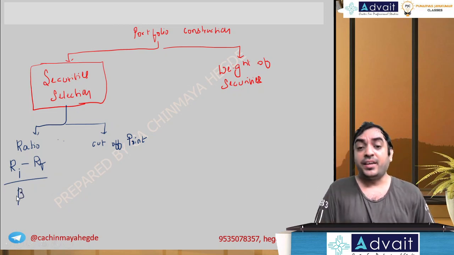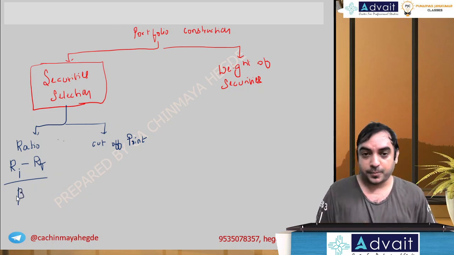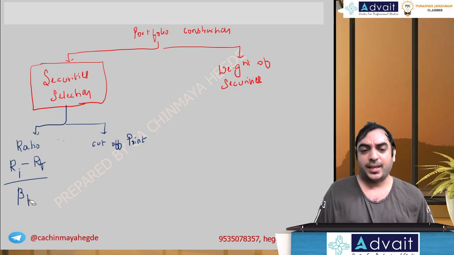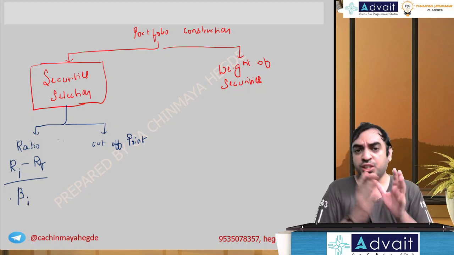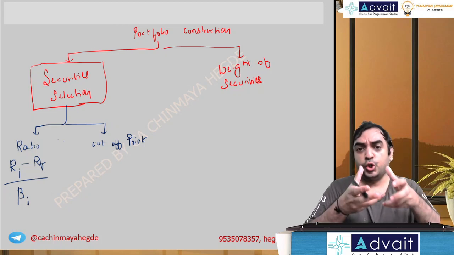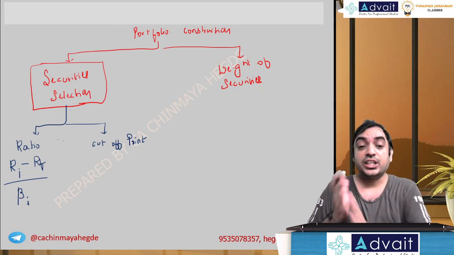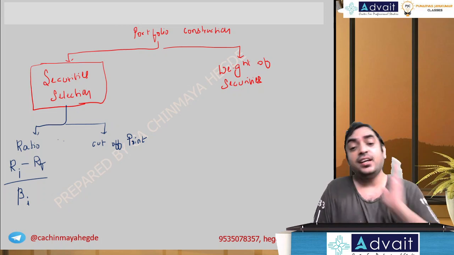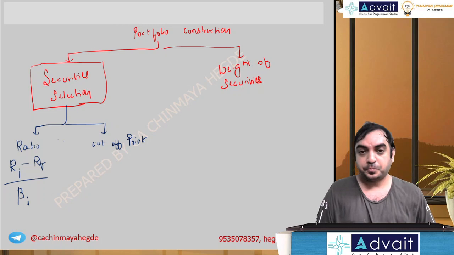Beta is the measure of systematic risk. So basically beta of a particular security, BI. So this will tell you the return you got for taking risk, to be specific, for taking systematic risk.